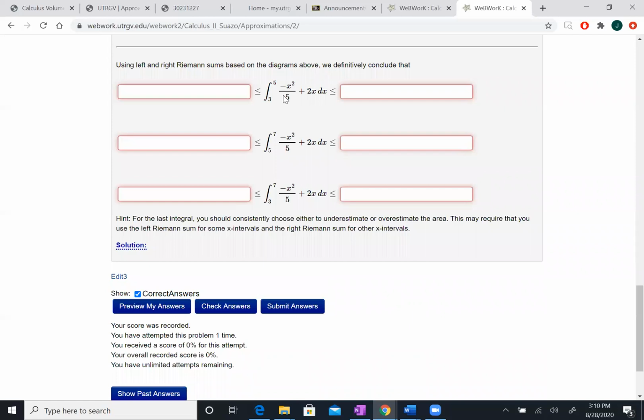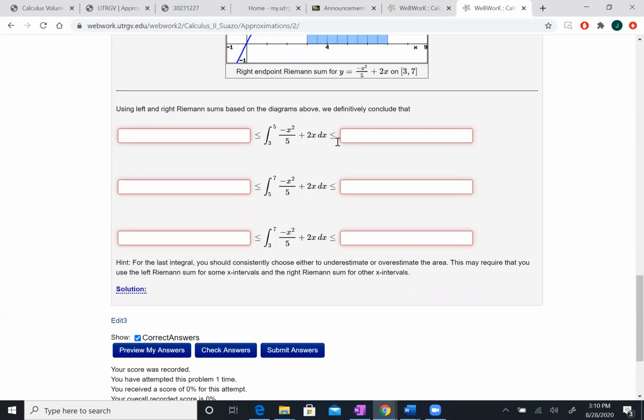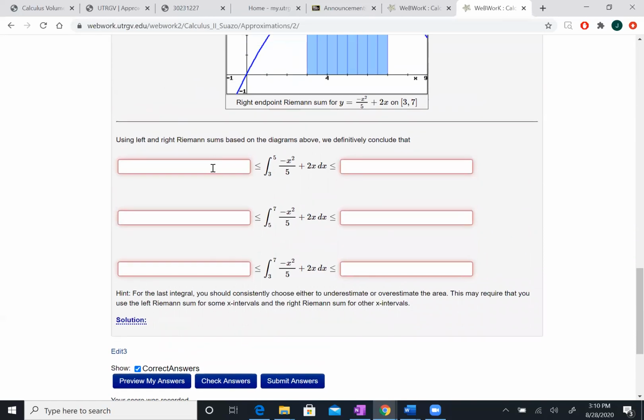So you just find the Riemann sum, the left and the right, okay? One you calculate between 3 and 5, the other is between 5 and 7, the other is between 3 and 7. So you just calculate and put the left.